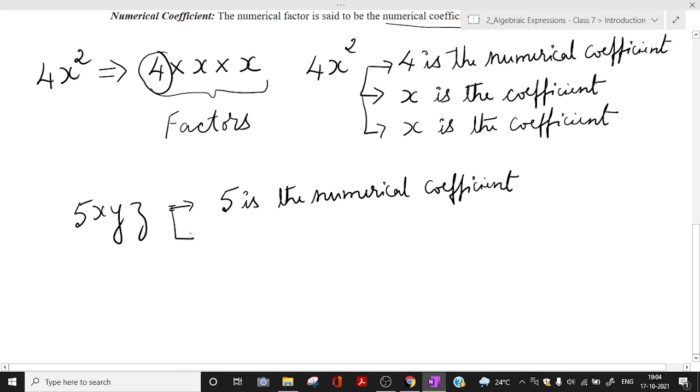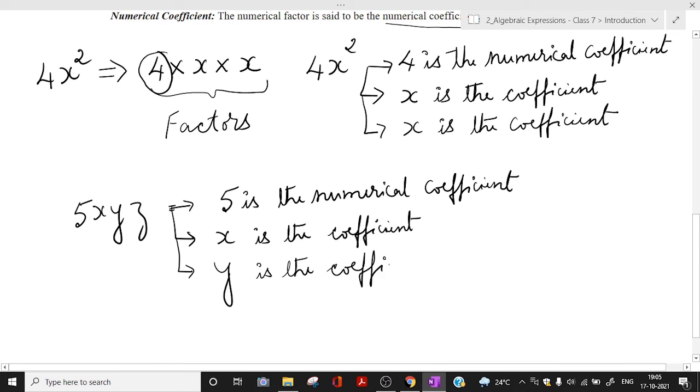And then we have x, which is also a coefficient, then we also have y, which is also a coefficient, and then we have z, the coefficient.